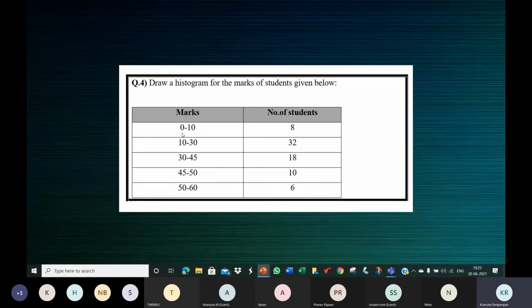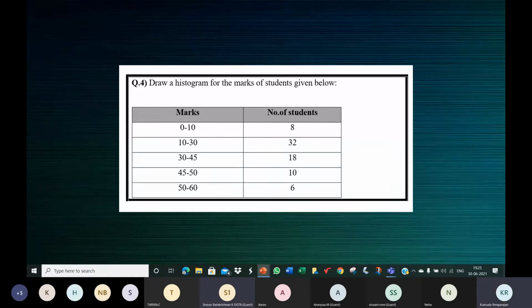So what's the class size of the first class interval, children? What are the different sizes we have? 10, 20, 20, 15, 5. What's the minimum size? 5, ma'am. 5 is the minimum size.